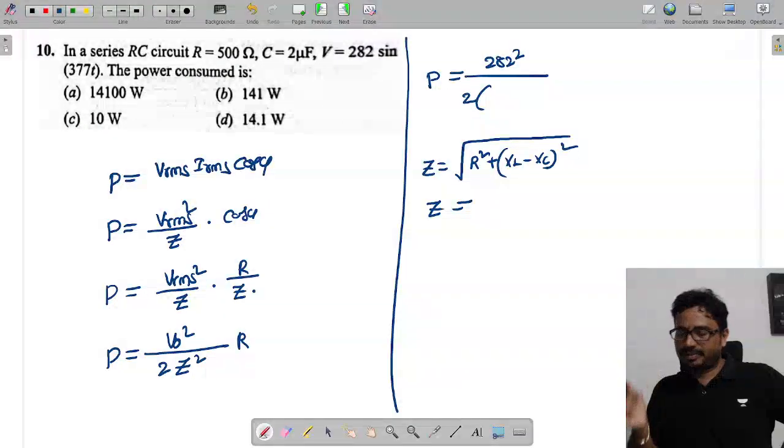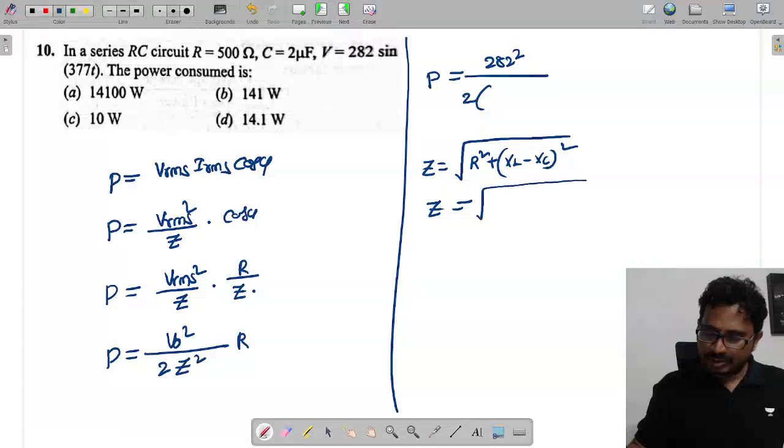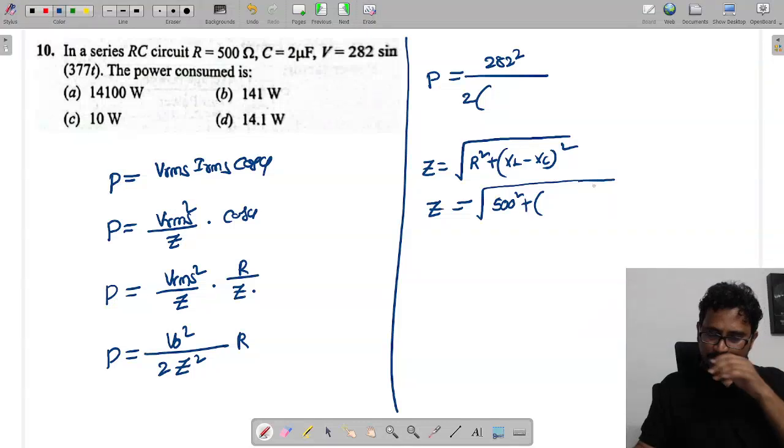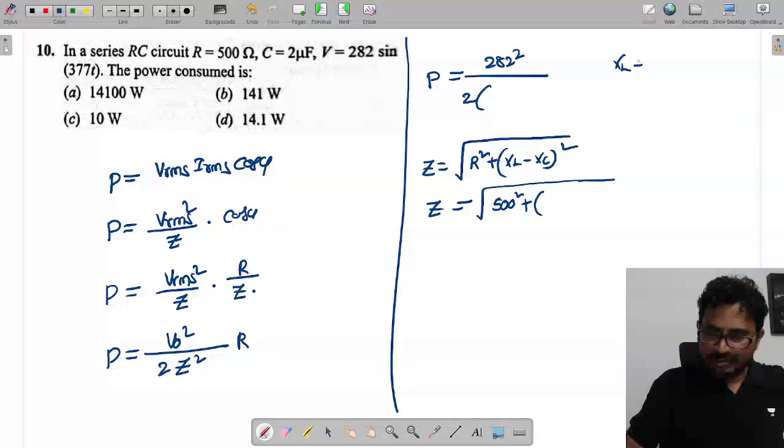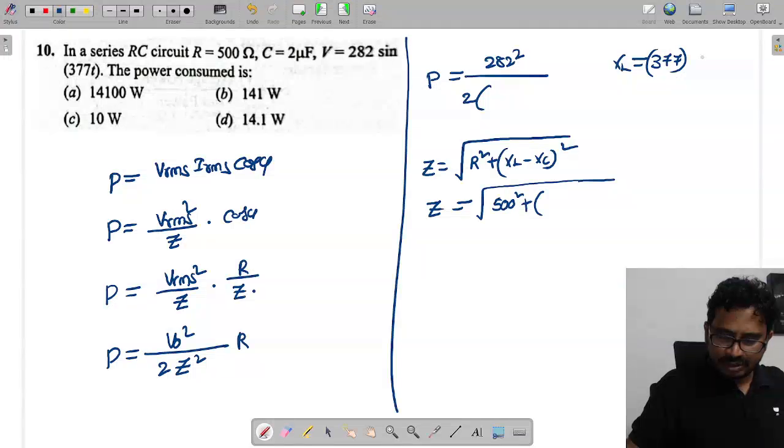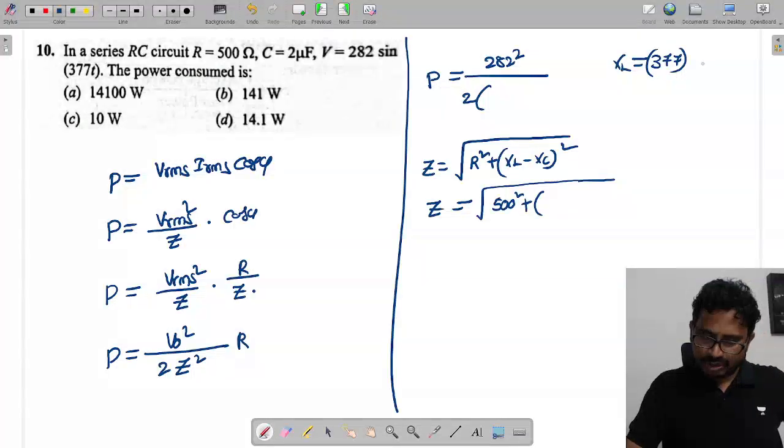R value is 400 square plus XL. XL is omega L, omega is 377 into L. Inductance is not given, so this value is 0.